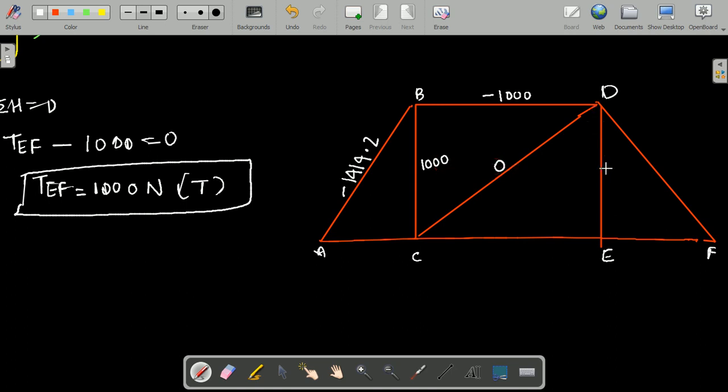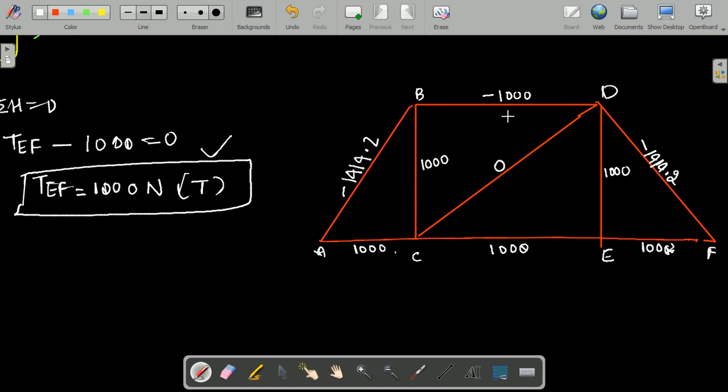Again DE is 1000, as we have calculated, AC is also 1000, CE is also 1000, and EF, you can observe here, is also 1000. I am writing the same thing, and DF is minus 1414.2 Newton. So, these are all the member forces.